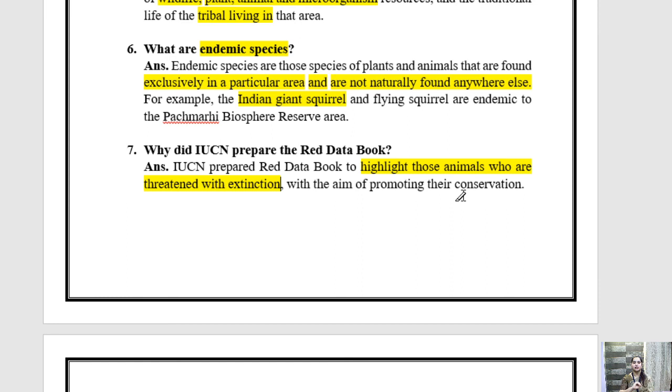So basically we know that this red list and red data book is classified to prevent the endangered species or the species that are threatened with extinction, जो कि extinctions के कगार पे हैं, हम बोलते हैं it is on the verge of getting extinct, so threatened with extinction is, that is endangered species. Alright, so this red list and red data book is classified for this endangered species.